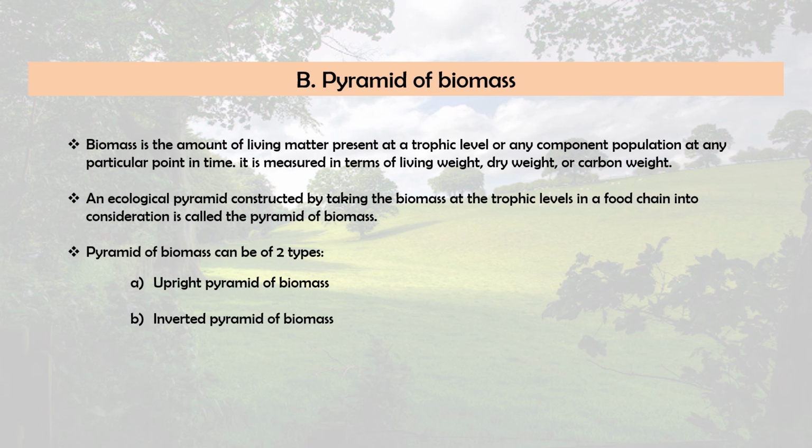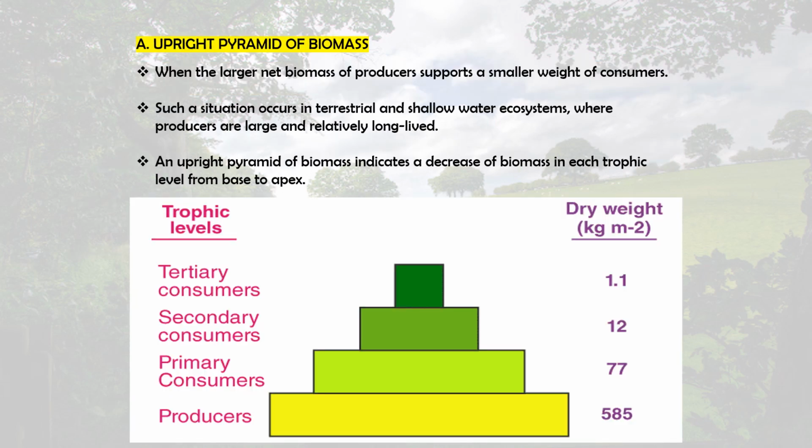And the upright one is the prime example of terrestrial or shallow water ecosystems, where the producers are large and relatively long lived.